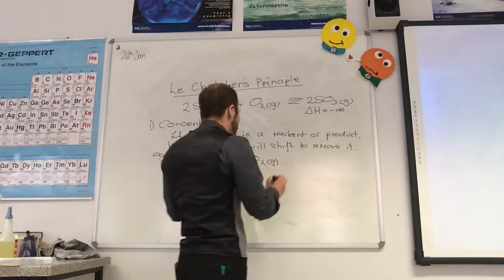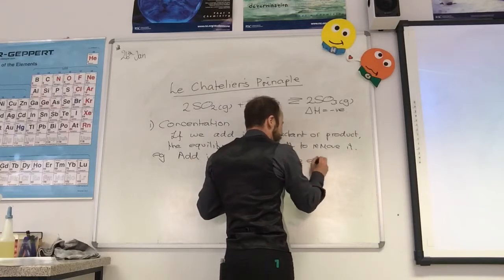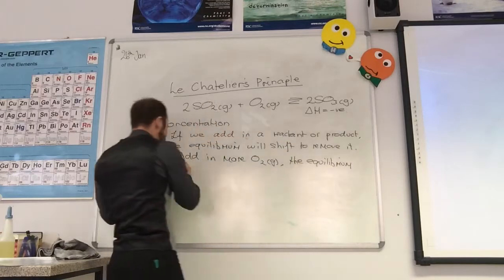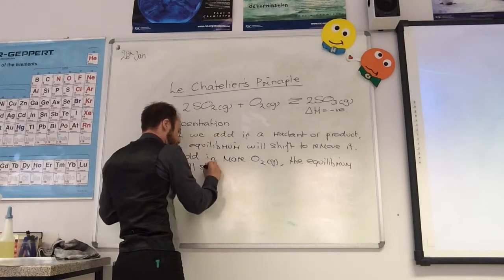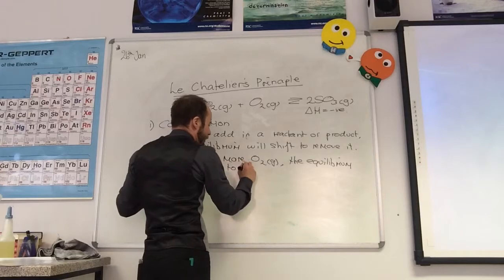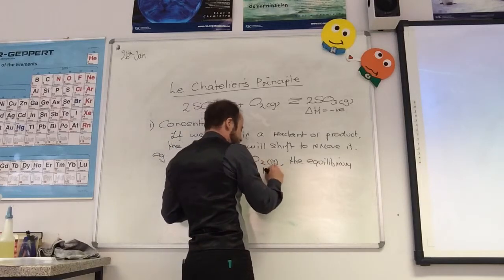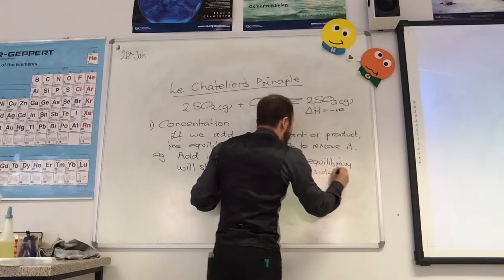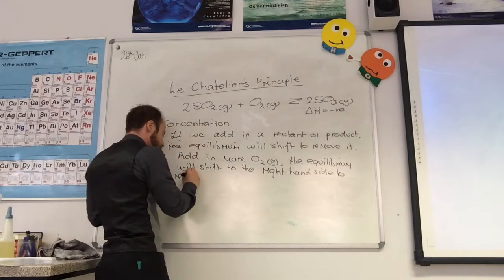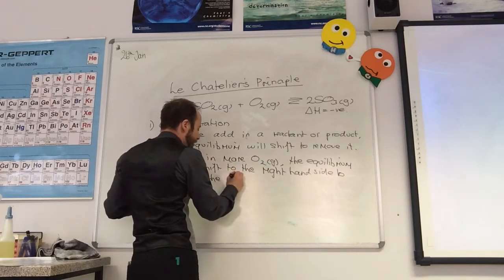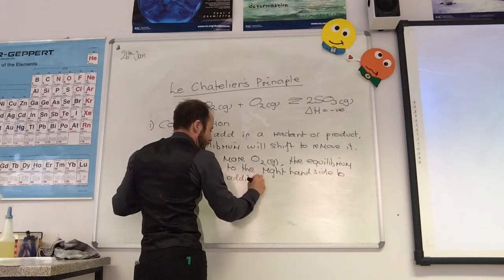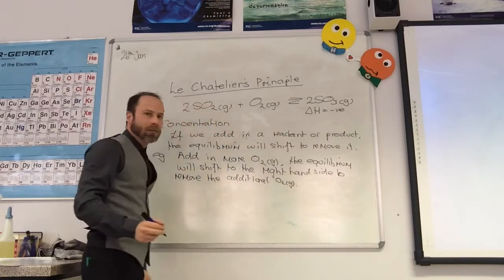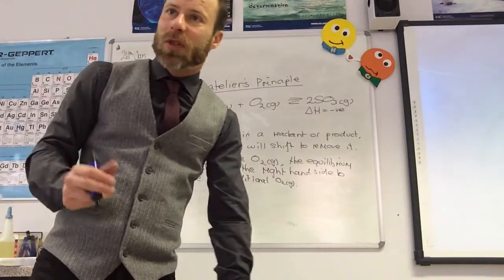So if you add in more O2, the equilibrium will shift to the right-hand side to remove the additional O2 gas. Okay. So concentration, quite straightforward.